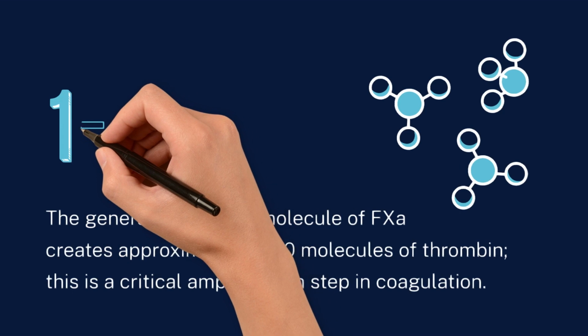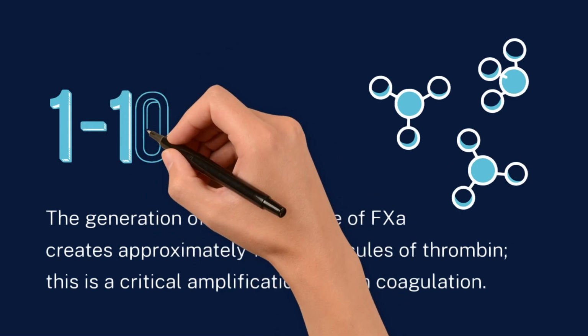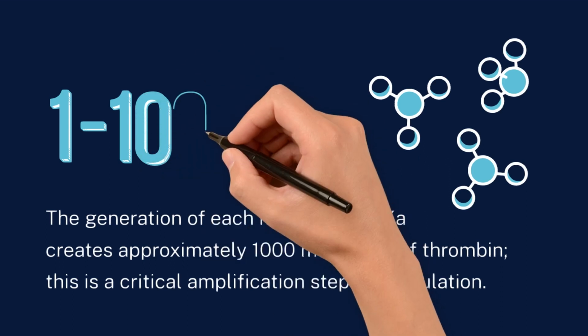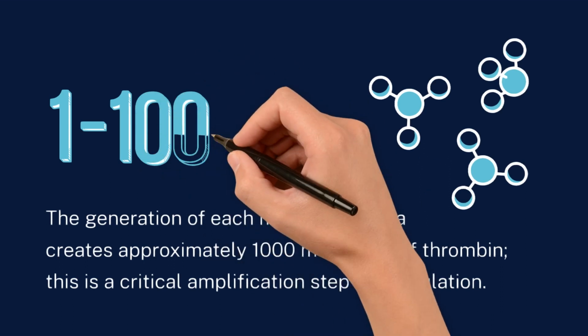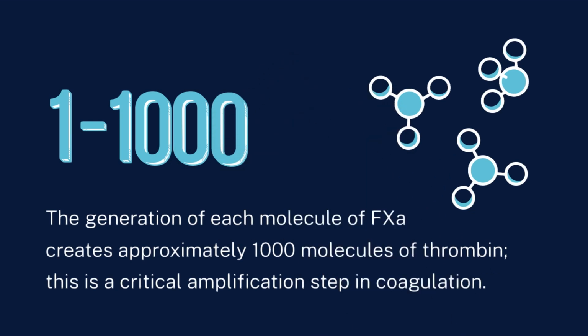So it's really an amplification step in the coagulation cascade. So you can see why targeting factor 10 or factor 10A would be a very effective strategy for preventing thrombin and subsequently fibrin from forming. Those are really at the core of developing a blood clot.